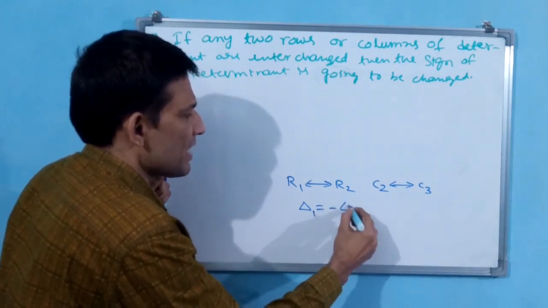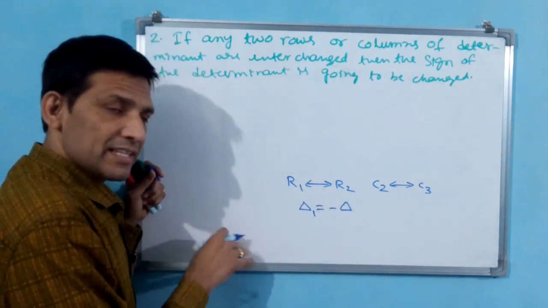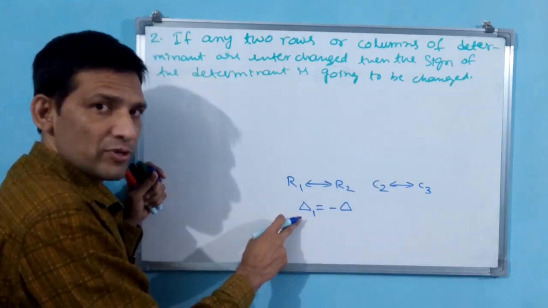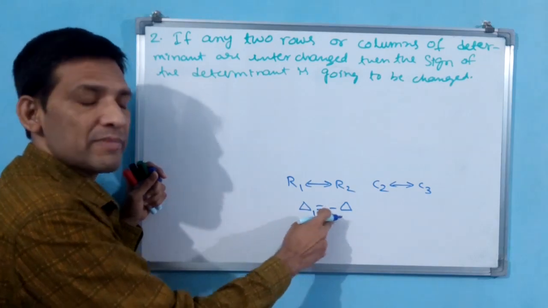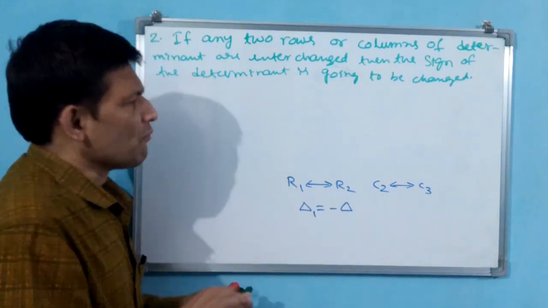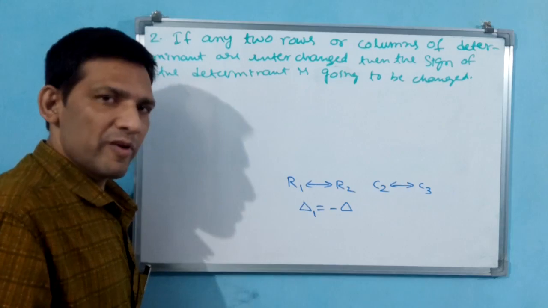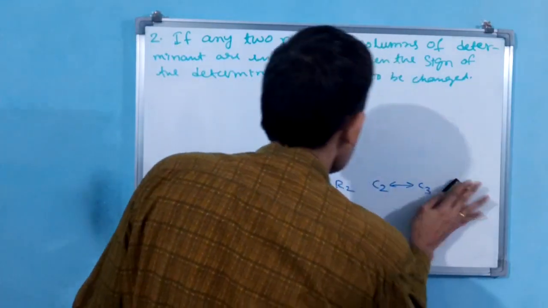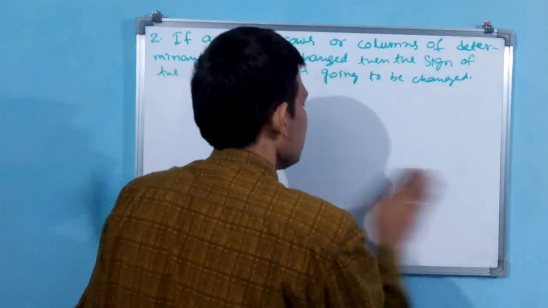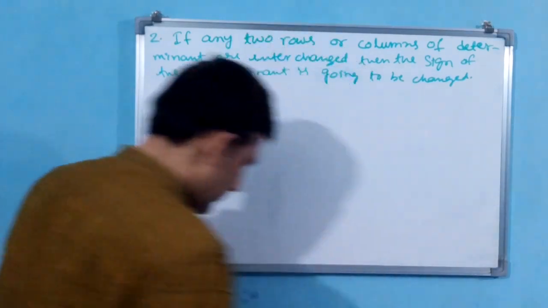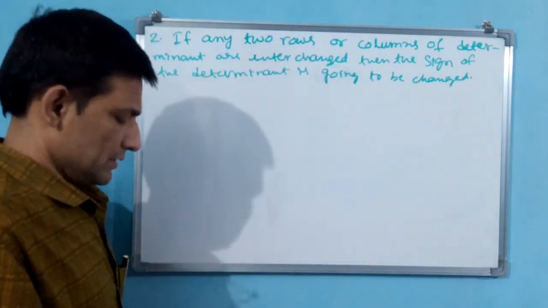That means delta 1 is going to become minus delta. The delta you change like this is going to become delta 1, and delta 1 is going to become minus delta. We will take one example and verify it, then you can easily understand the strategy.